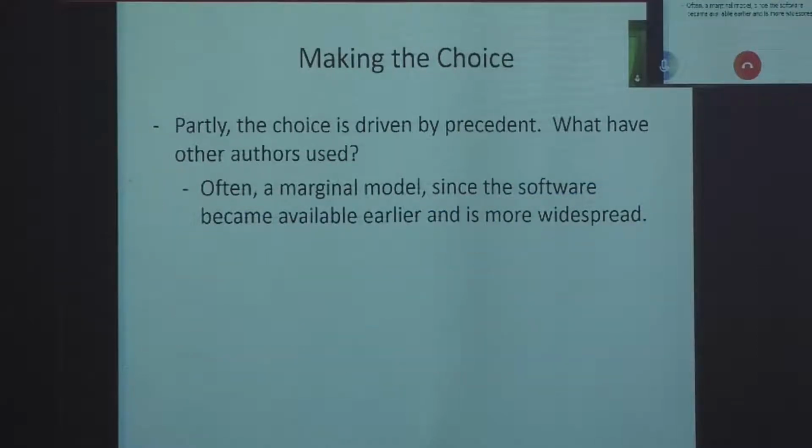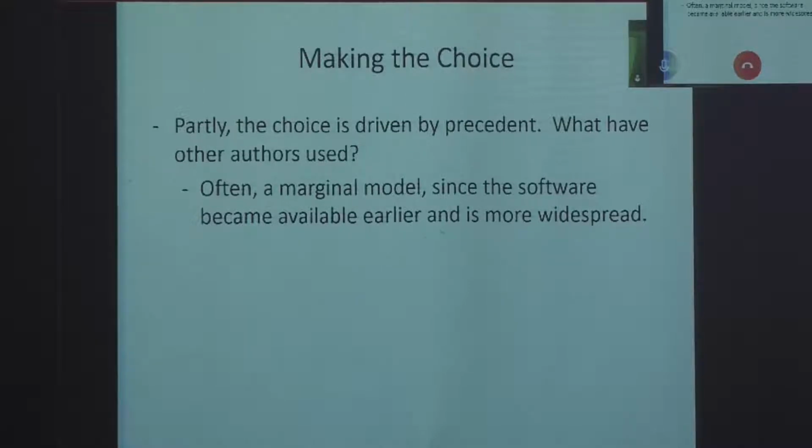And as I said, the choice is also driven by precedent. In your field, in the journal that you intend to publish, what have other people done? Because your reviewers will be more comfortable if they see precedent. And again, you can look in your specific journal. My general feel is that marginal models are going to be more common since the software was developed earlier and therefore became more widespread.